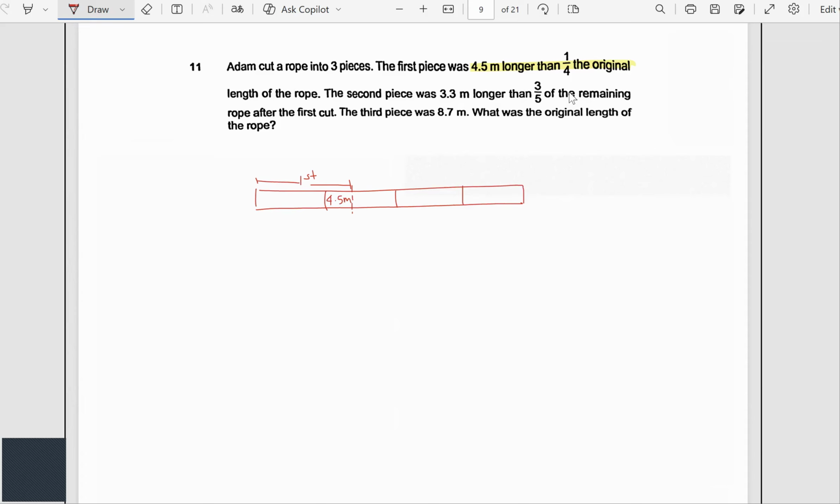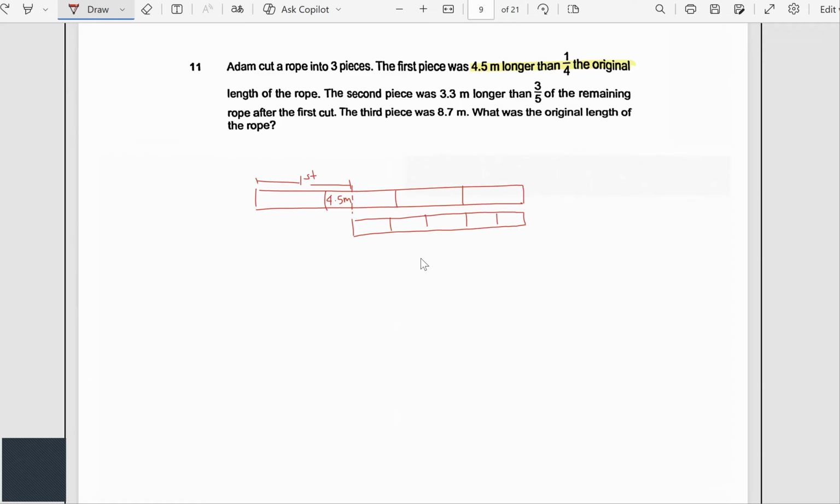Then the second piece is 3.3 meters longer than 3/5 of the remaining rope. So because I cannot get 5 units here nicely, I will redraw. Then I'll cut it into 5. And the second piece is a little bit more than 3 units.